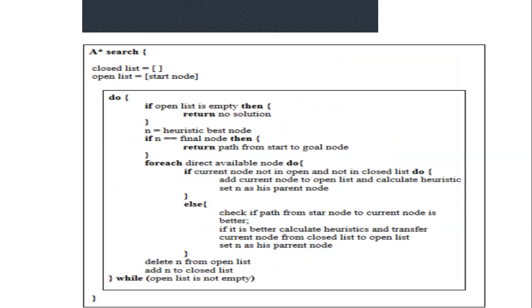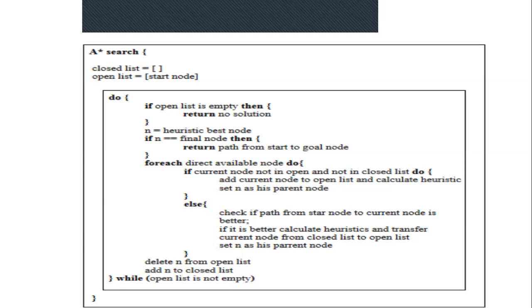The closed list is a list of all the visited nodes, and the open list holds the nodes we are currently considering. If the open list is empty, then there is no solution. We initialize n to be the heuristically best node, and if it is the final node, then we return the path from start to the goal node.